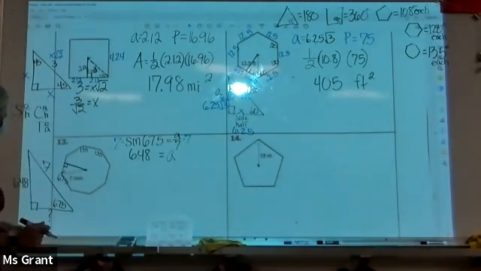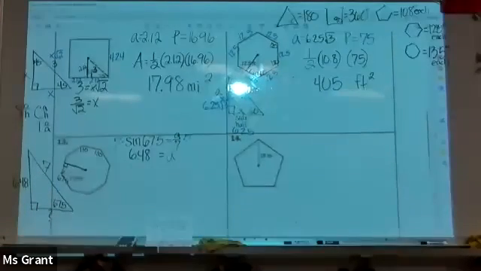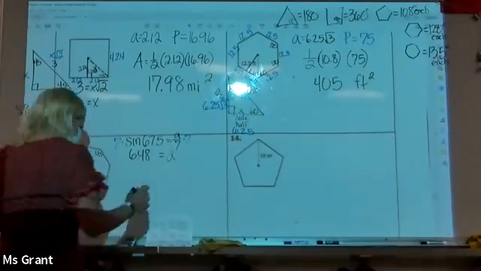Then, if I wanted to know this base, I'm still going to use 67.5, but I could use adjacent and hypotenuse. So what's adjacent and hypotenuse? Cosine.